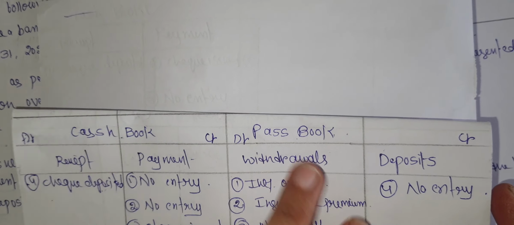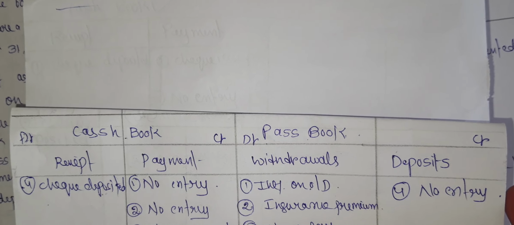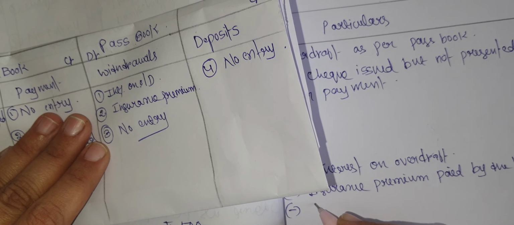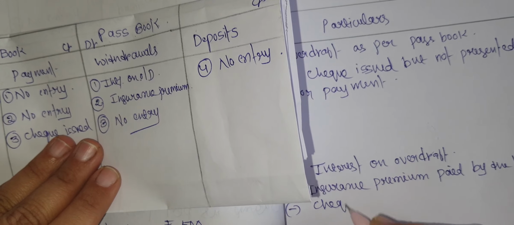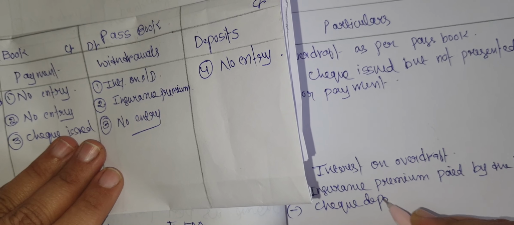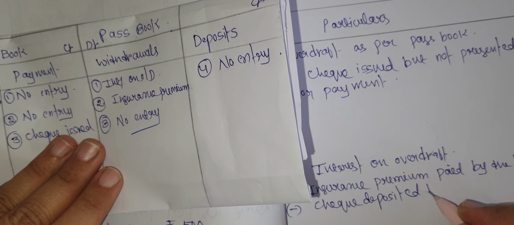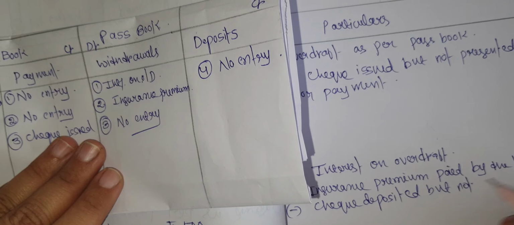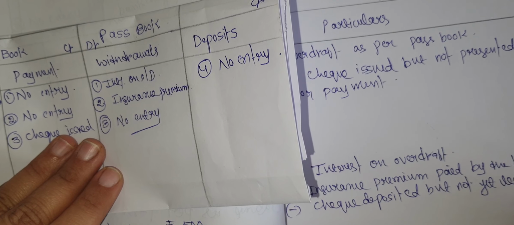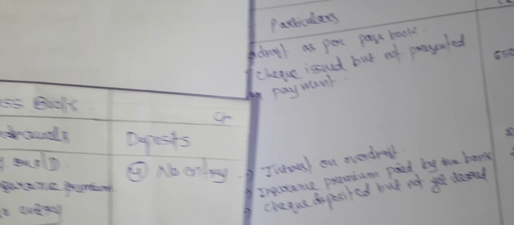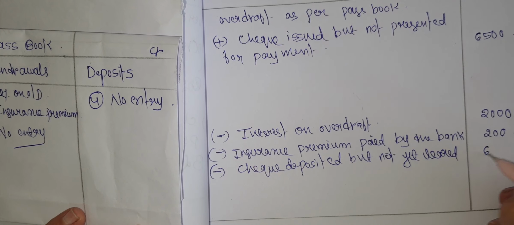Since the passbook balance is less, we need to deduct this transaction. So less check deposited but not yet cleared, that is rupees 6,000. Write it down in the inner column.